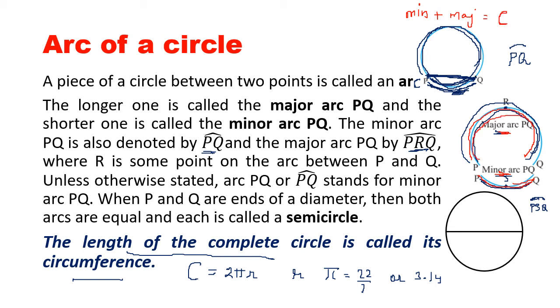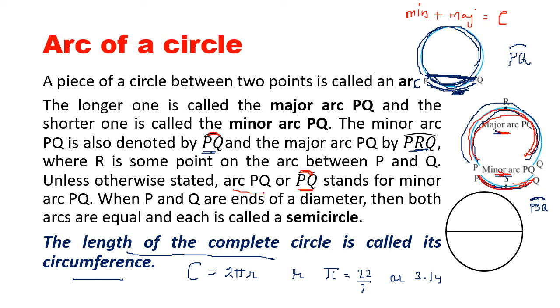So if you take this major arc and add to it the minor arc, you will get the circumference of the circle. So is it understood? It is written as arc PQ like this. You have to show it with a semicircle sort of thing. That is your arc PQ.